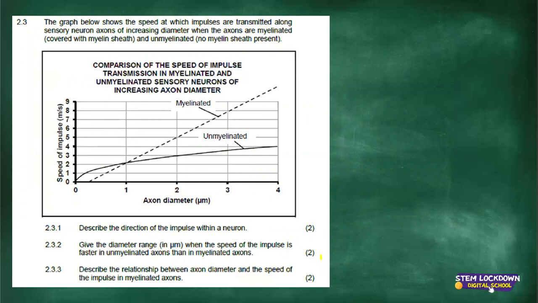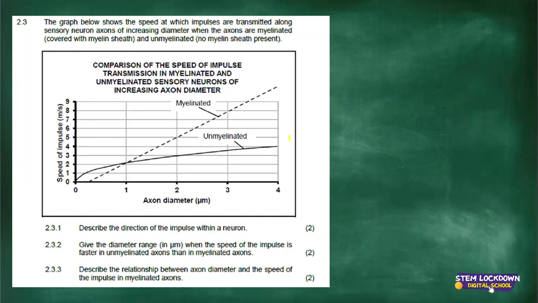Okay, and then 2.3. The graph below shows the speed at which impulses are transmitted along sensory neuron axons of increasing diameter when the axons are myelinated, which means they are covered with myelin sheath, and unmyelinated, which means there's no myelin sheath present.